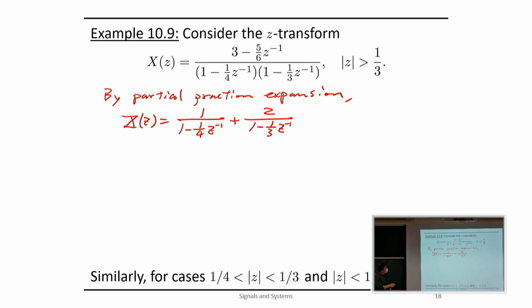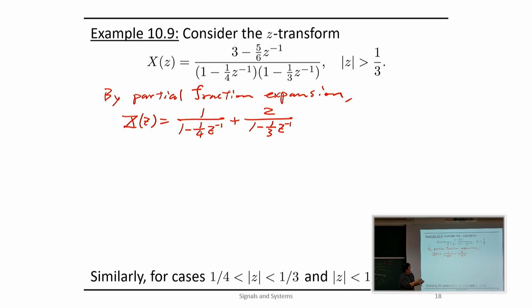So by partial fraction expansion, you get X(z) in this form, and we know how to deal with this form. This is in the form of examples 10.1 and 10.2. The only thing remaining that we need to determine is the region of convergence.